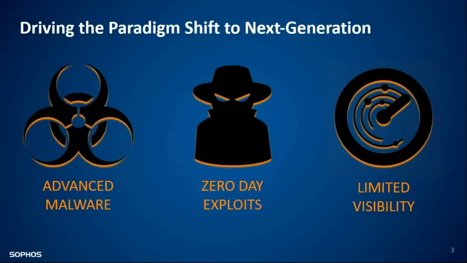And those factors combined have driven the shift to the next generation of endpoint security products. It's driven the shift towards, we need to address these problems around advanced malware such as ransomware. We need to address the problems around exploit-based attacks, exploiting the vulnerabilities that exist in our software. And we put zero-day exploits here on the screen, but it's not just zero-day that's the problem.